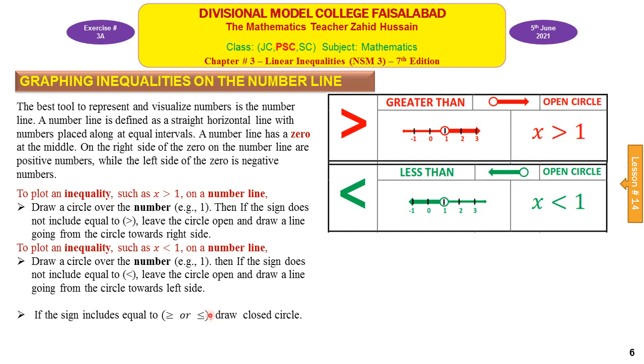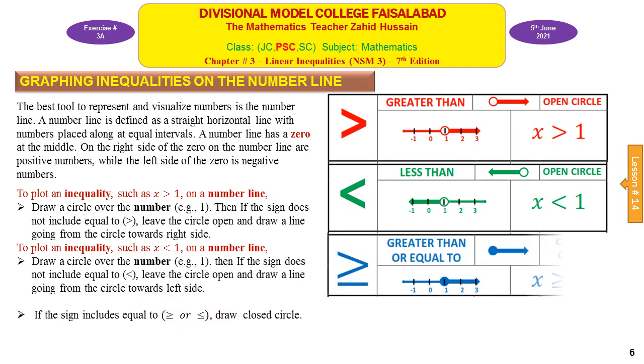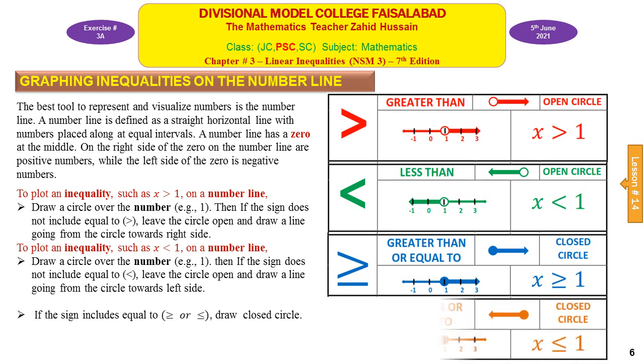And if the sign includes equal to, greater than or equal to, the method is the same. You just have to draw a closed or shaded circle. For greater than or equal to, this is the number line. The inequality is x greater than or equal to 1, so over 1 you will draw a shaded circle.